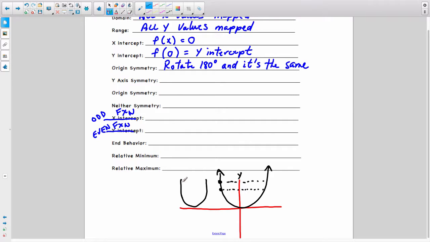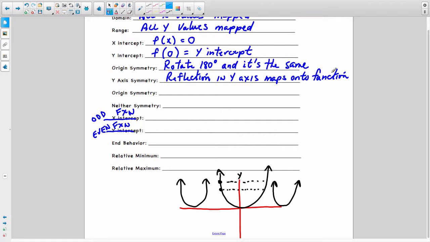Something like this is not, because if you reflected this on this side of the graph, it would land there. And that certainly wouldn't map onto itself. It would actually create a whole new graph. Reflection in y-axis maps onto function.